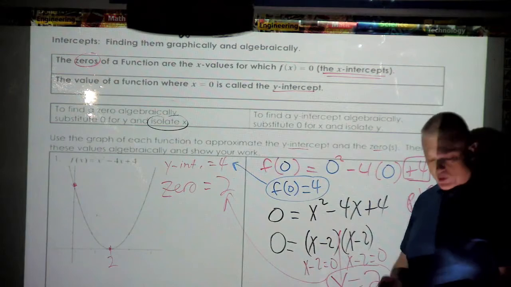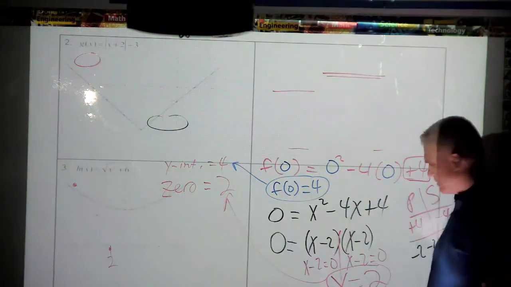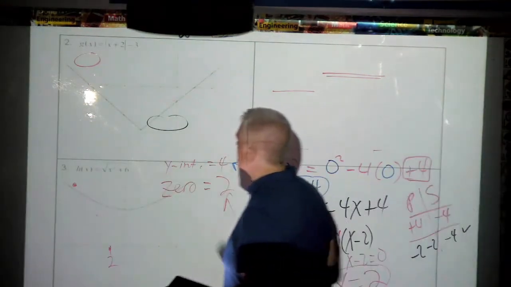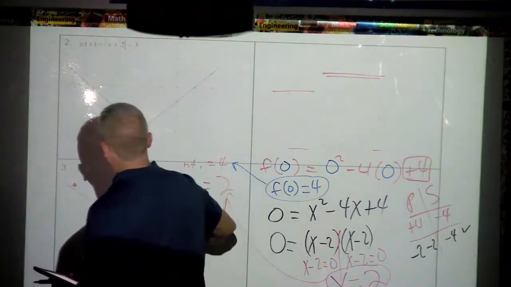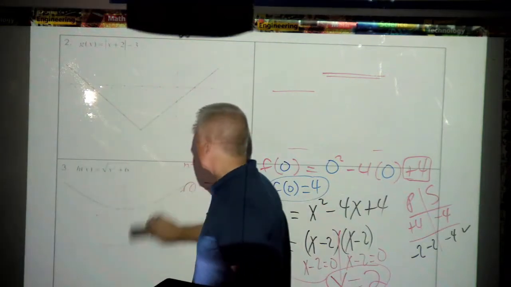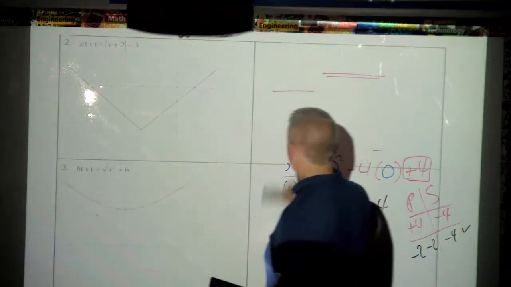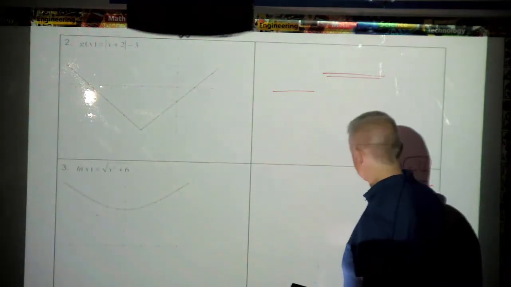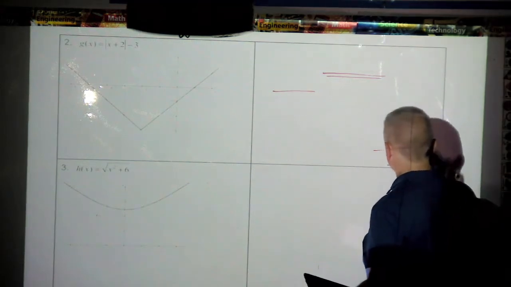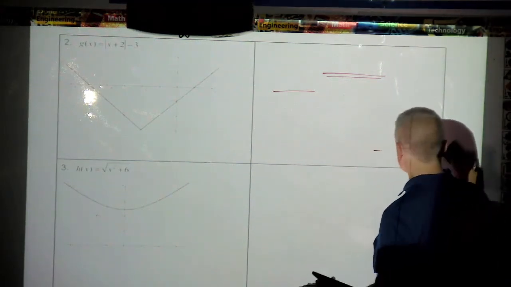Okay, let's proceed. They give us a couple more questions. They give us graphs and equations, and they say that we want the y-intercept and the zeros. We're going to do the same exact thing we just did with question 1.